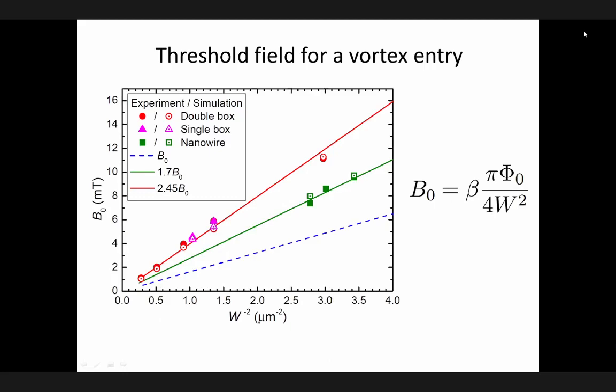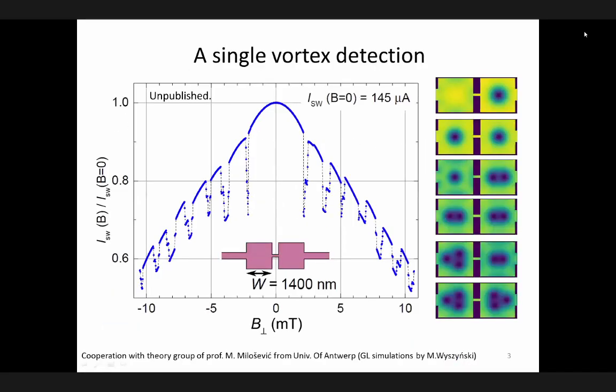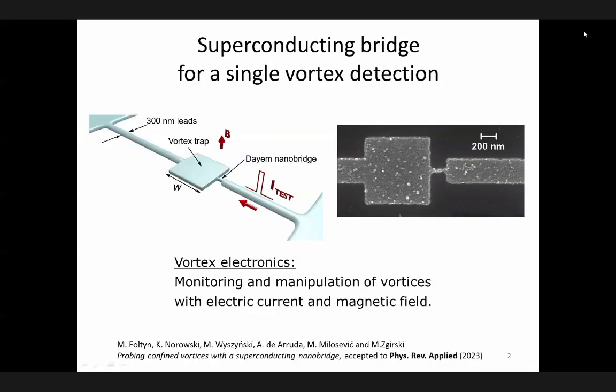Maybe it oxidized a bit, but in principle these are very robust structures, and much easier to handle than the Dayem junctions. If you just keep it for a few months, it's completely reproducible.